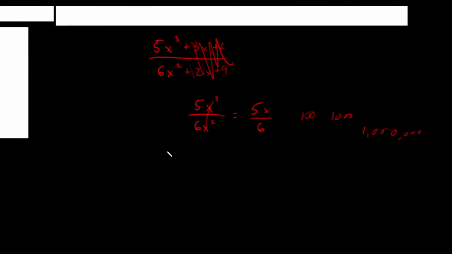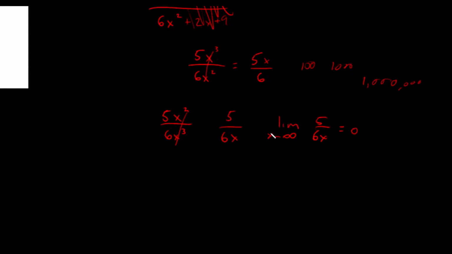Now, what if it was 5x squared over 6x to the third? This is our second scenario, right? The denominator is larger than the numerator. We can still simplify it out: 5 over 6x. Now, as x approaches infinity, 5 over 6x would start approaching 0. Here's why. As the denominator gets larger, the number itself gets smaller.